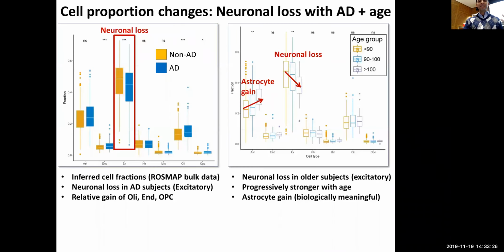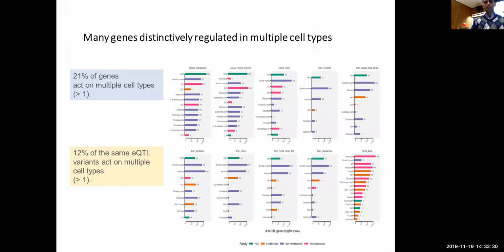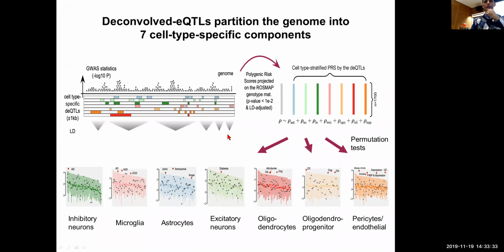The last thing you can do is deconvolve bulk data into single cell data to infer QTL effects at the single cell level across thousands of individuals. So for every individual, you can ask what is the impact of each genetic variant at each cell type, for each gene.